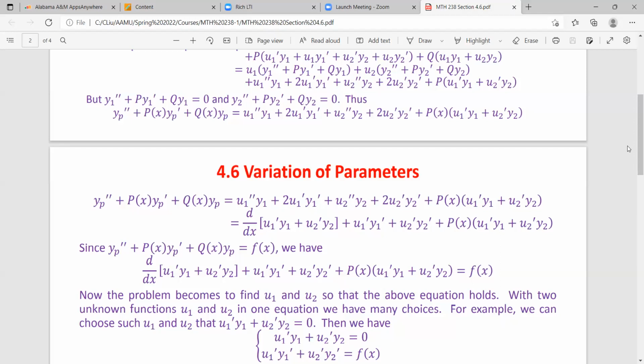What you do, just take the derivative of this u1 prime y1 plus u2 prime y2, using the product rule again on each term, and then you can see this whole thing can be written as this. All right. So this is just the left-hand side of the differential equation. The right-hand side of the equation is just f. So we have this whole thing equals f.